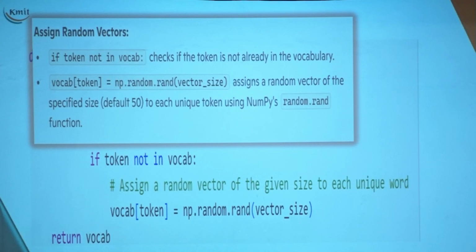I am not using a set method. So if token not in vocab, it means it should be a unique token, not a repeated token. If it is not repeated, then using a random function, you would generate a vector, and the size you have already defined there as 50.